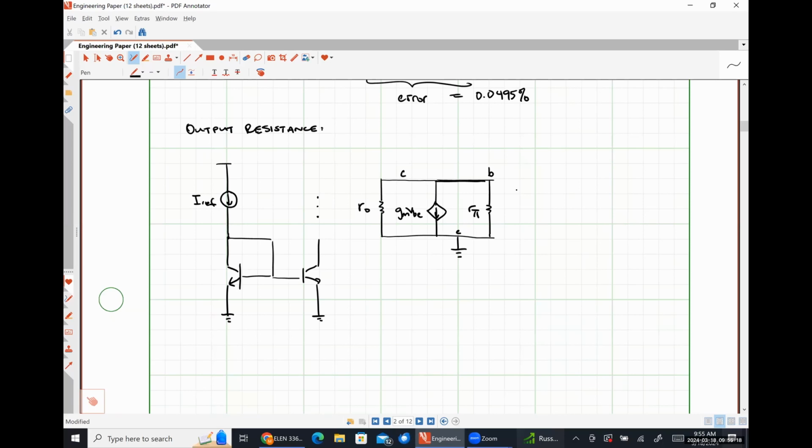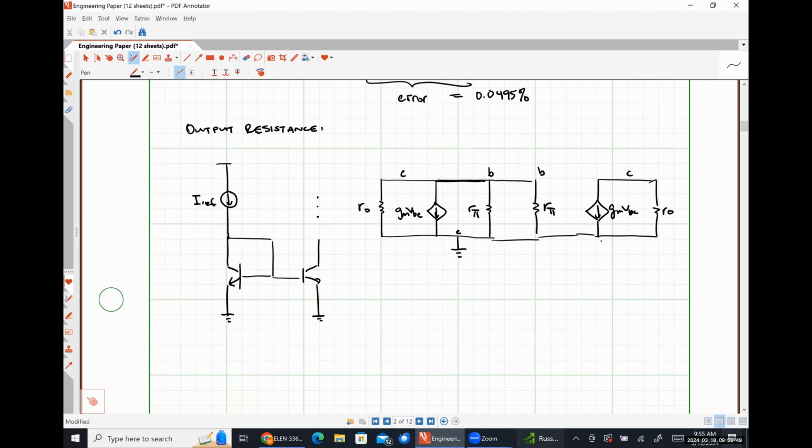Now I'm going to do my right-hand transistor. So there's R pi, GM VBE, R naught. Here's my collector, my base. My two bases are tied together.